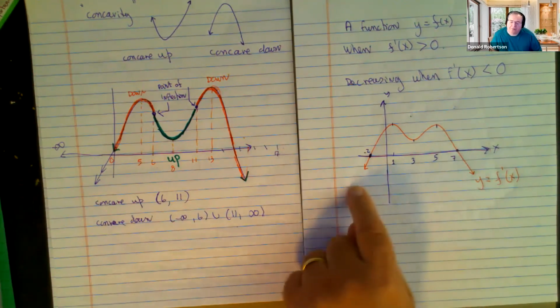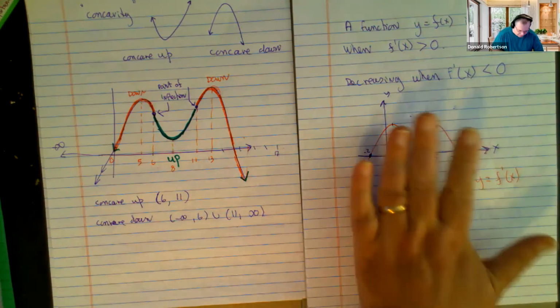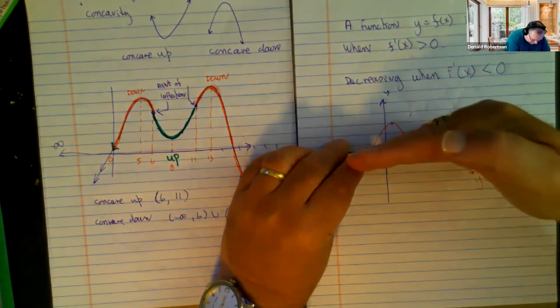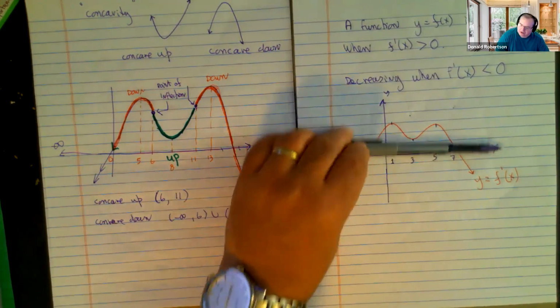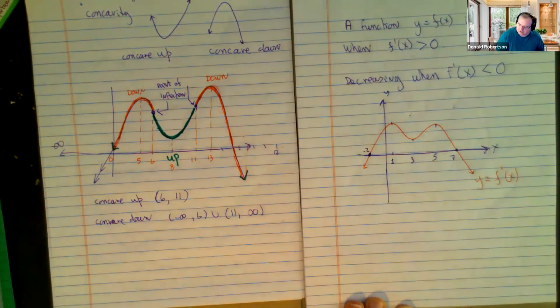So if you give me a graph of what the derivative of a function looks like, this is one I gave you here, you can actually tell when it is increasing and when it is decreasing. The derivative will be positive when the graph is above the x-axis, and the derivative will be negative when it's below the x-axis.